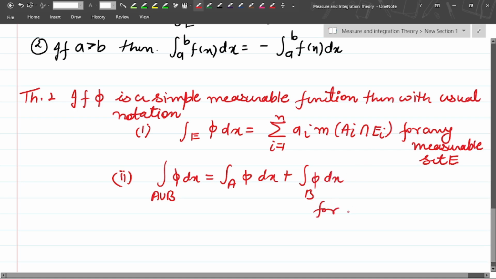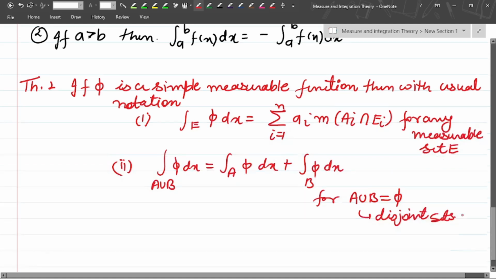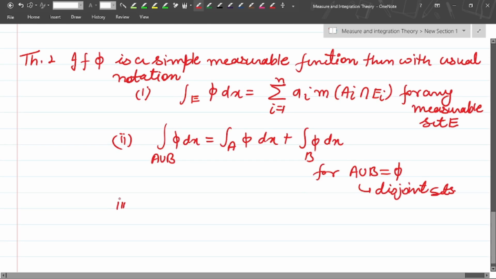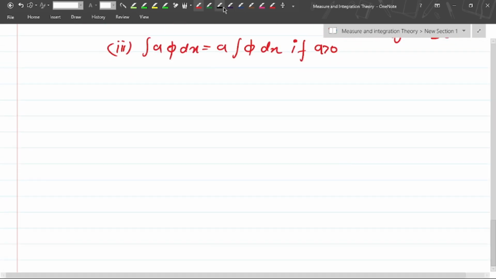This is for A intersection B equal to empty, which means these are both disjoint sets. And the next result is that the integral of a phi dx equals a times the integral of phi dx if and only if a is greater than 0. So now let's start the proof.